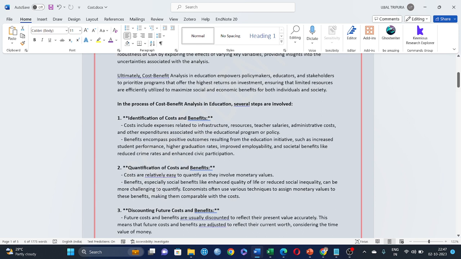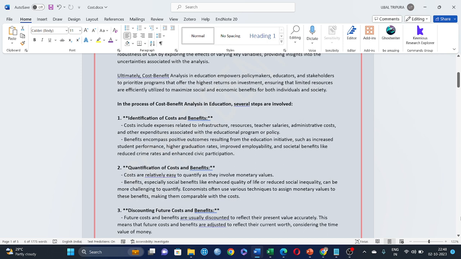Quantifiable benefits will be enhanced quality of life or reduced social inequality. Challenging ones to quantify, economics has various techniques to assign monetary values.